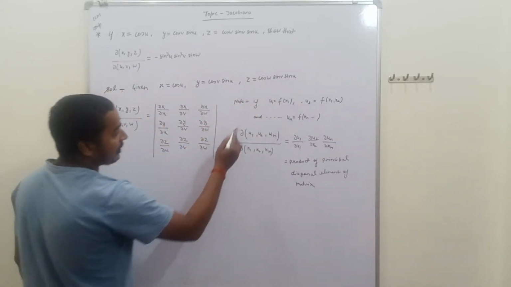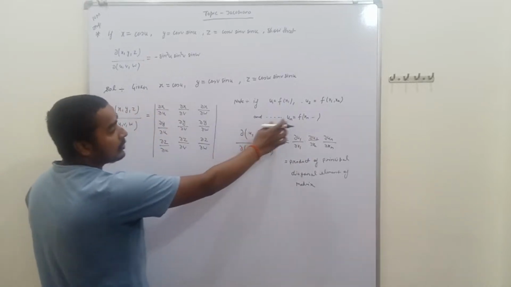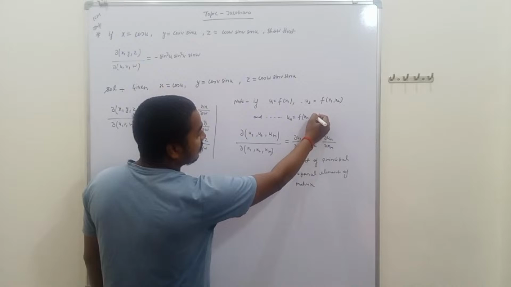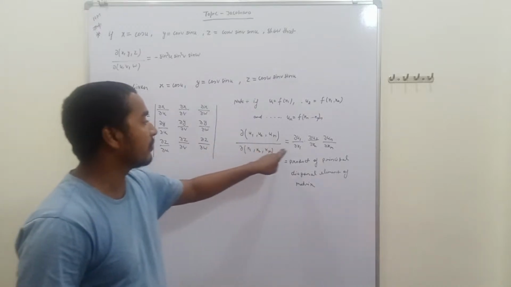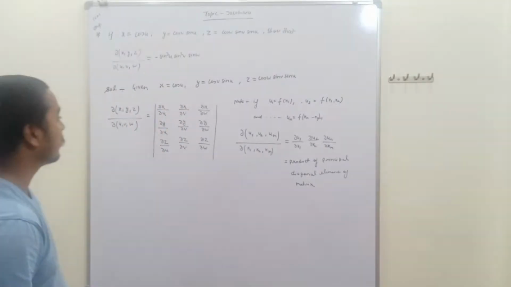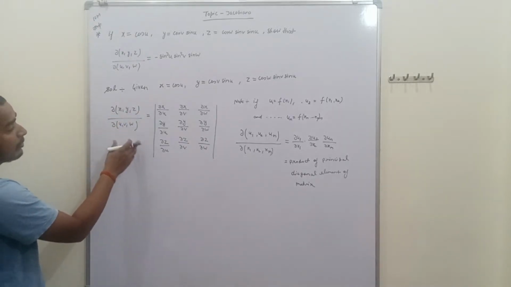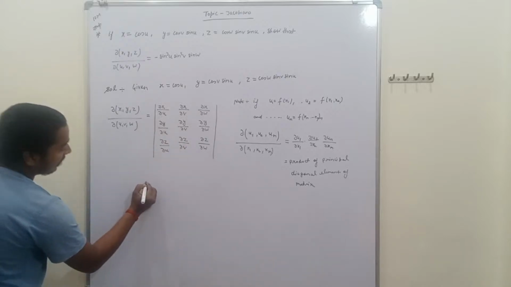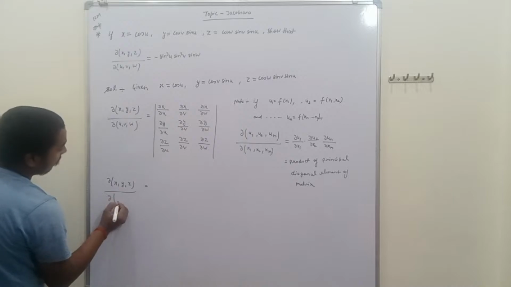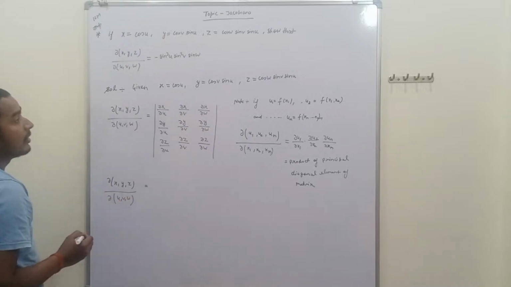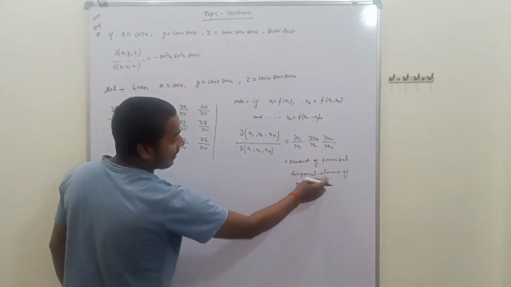We must remember the following identity: if u1 is equal to f of x1, u2 is equal to f of x1, x2, and un is equal to f of x1 up to xn, then the Jacobian is the product of the principal diagonal elements. So ∂(x, y, z)/∂(u, v, w) is given by this matrix, and according to the question the Jacobian is equal to the product of the principal diagonal elements of the matrix.